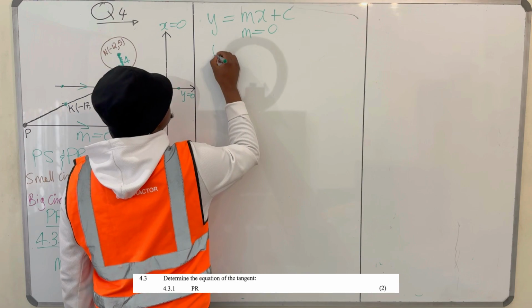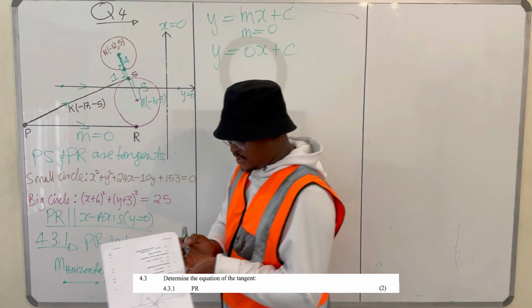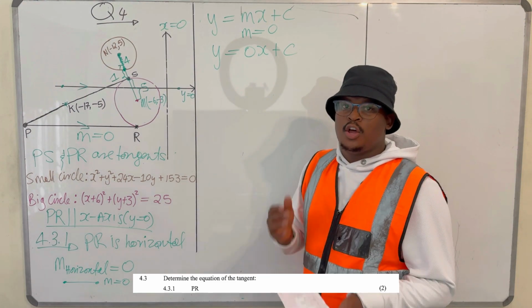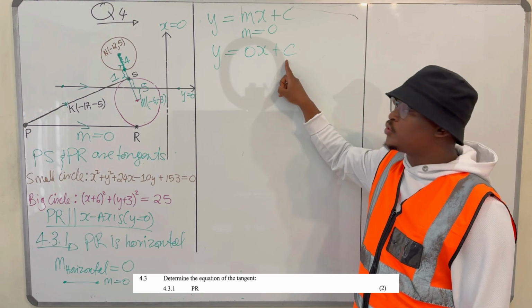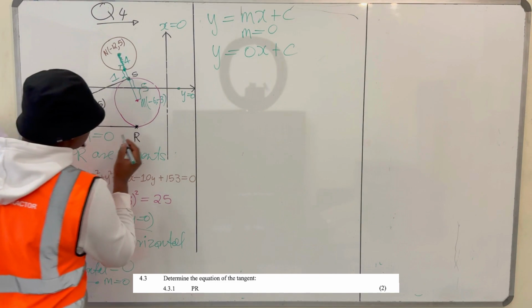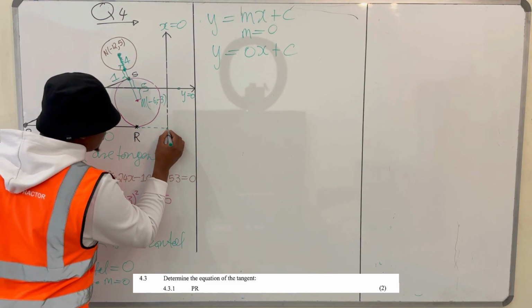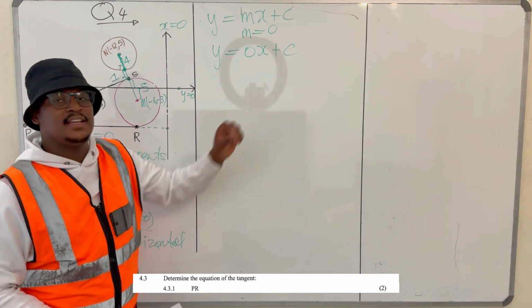So your equation is in the form y is equal to 0x plus c. So now what we need to find is the value of c. c is the y-intercept, the value you get if you continue extending this line over to the y-axis. That's what we need to find.